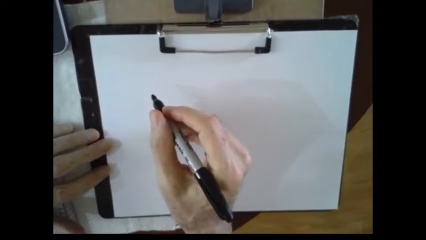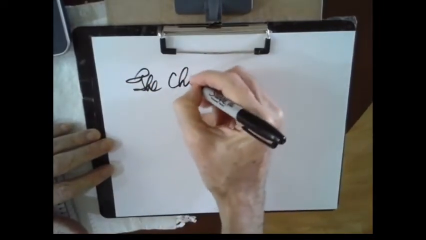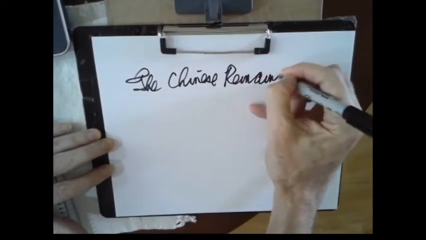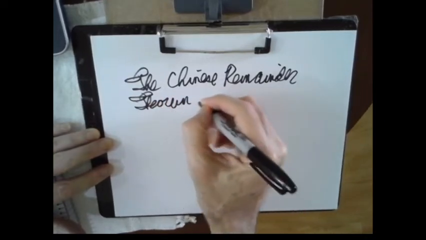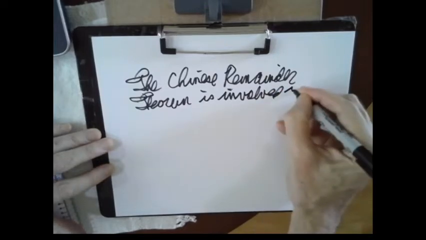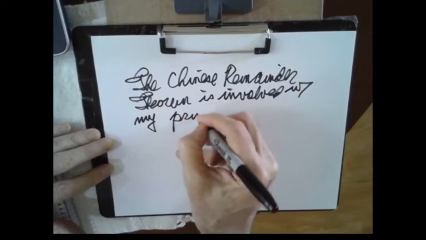Here's a couple of easy ones that I'll do first, just to show you I can connect with normal kind of things. The Chinese remainder theorem is involved with, we'll call it my prime base idea.